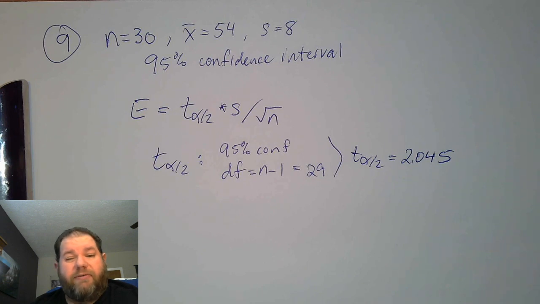It doesn't have a z-score per se, so it's almost mindless as far as how easy it is on the calculator. That's why I didn't want to teach it using the calculator. But anyway, so we get 2.045.